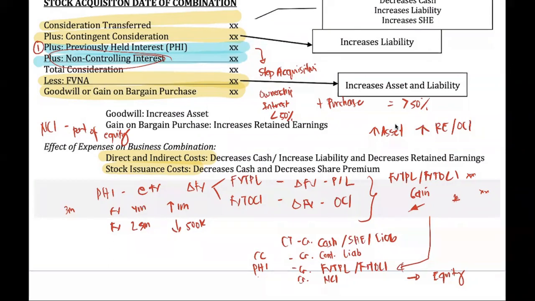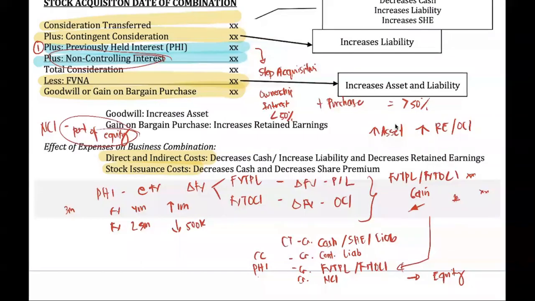For previously held interest, first you make the entry on the change in fair value, and then you subsequently credit FVTPL or FVTOCI as to that particular investment that will be removed. And lastly, as to your non-controlling interest, you make an entry, credit non-controlling interest. Take note, non-controlling interest is part of equity.